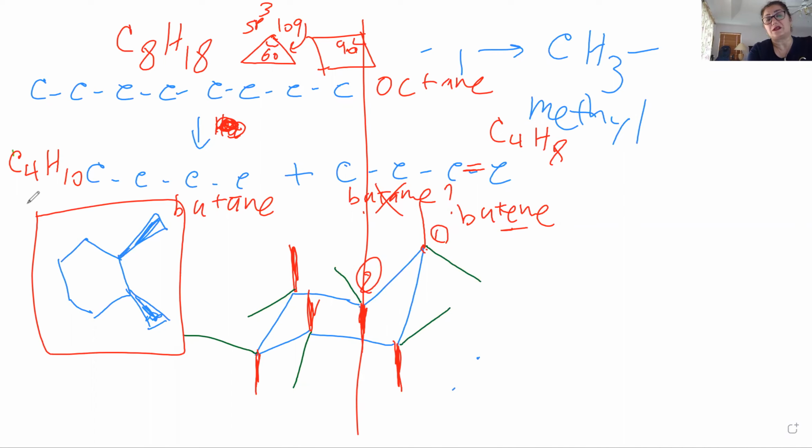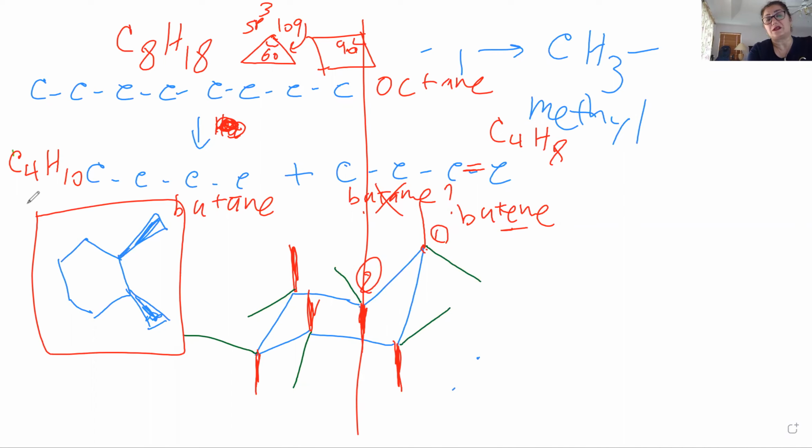If it's cis, that means both of them are up, on the same side. So for the most stable structure, you want the first one to be equatorial.